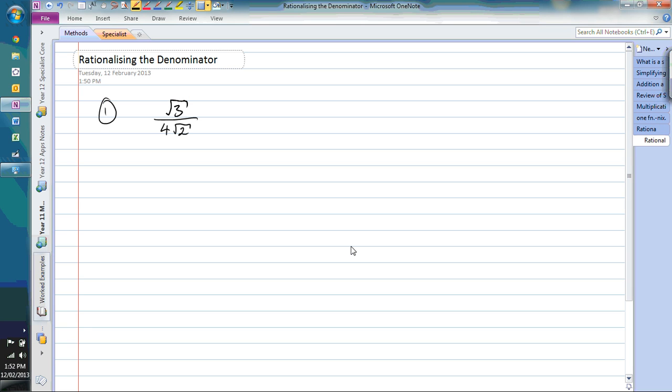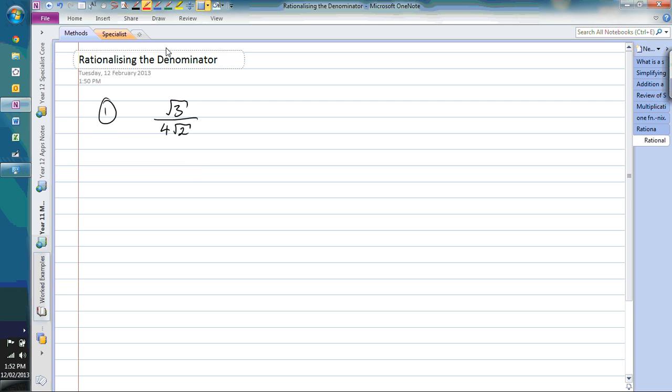First example that I'd like to look at where we're going to rationalise the denominator is this one here, the square root of 3 divided by 4 root 2. Now, when I talk about rationalising the denominator, what exactly do I mean?